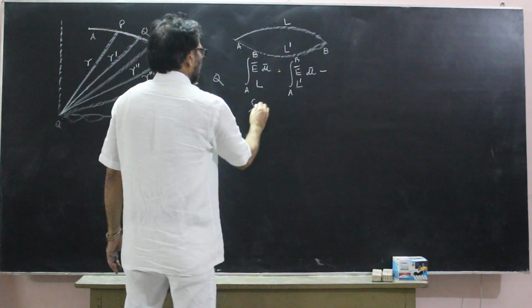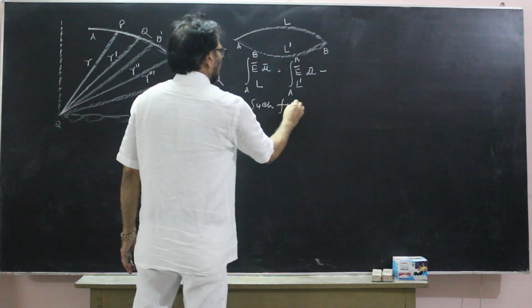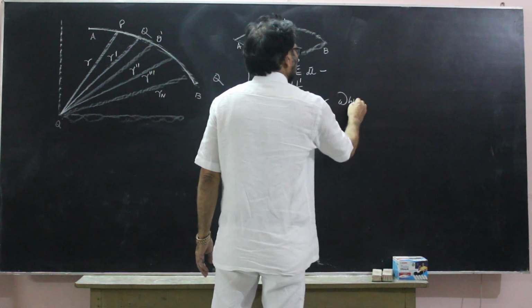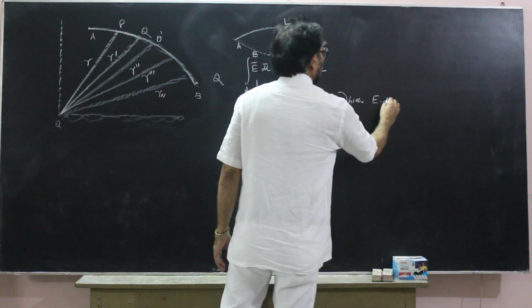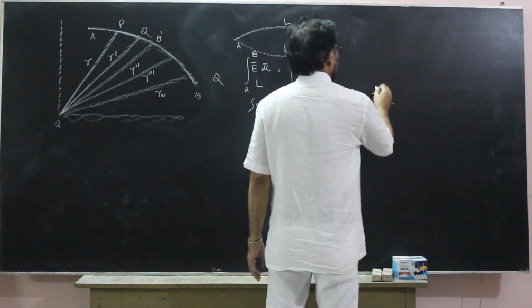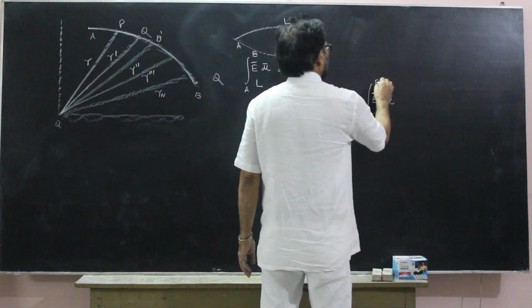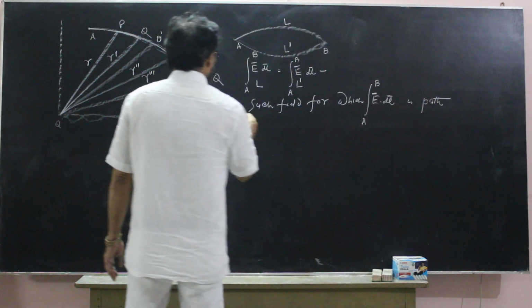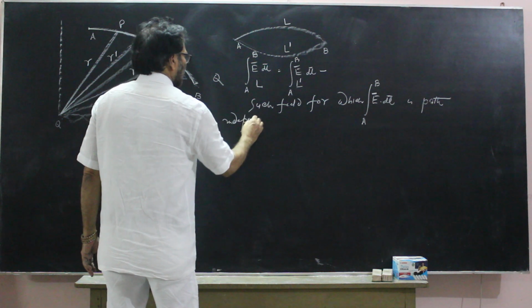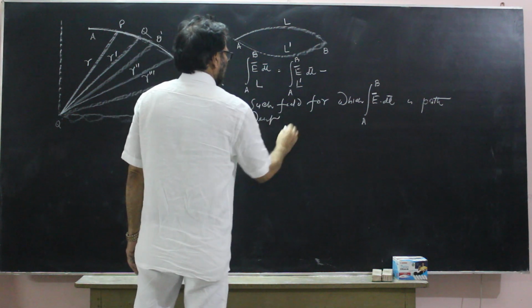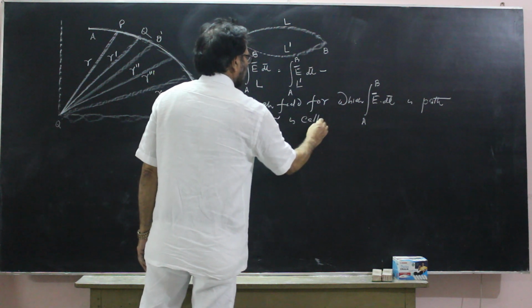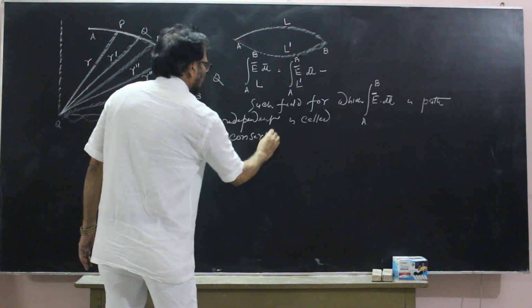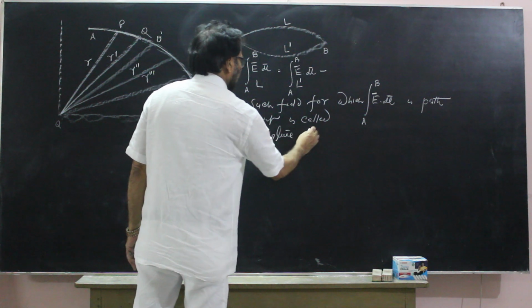Such field for which E dot dl is path independent is called conservative field.